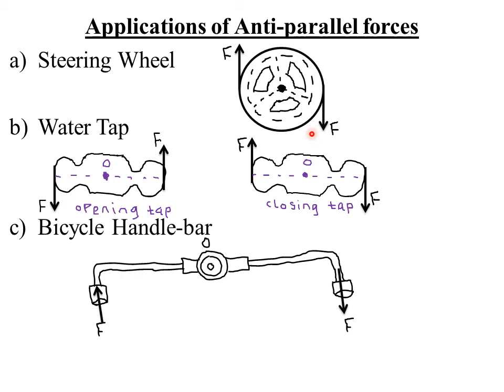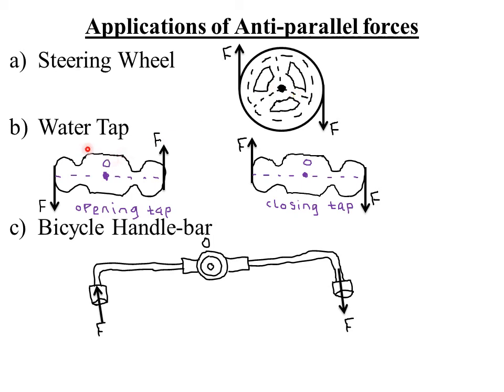So the two forces form a moment of anti-parallel forces about the center. Assuming the diameter of the wheel is simply d, then the moment about this turning point will simply be given by one of the forces times the diameter of the wheel.